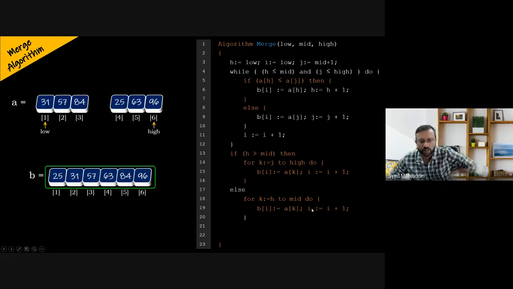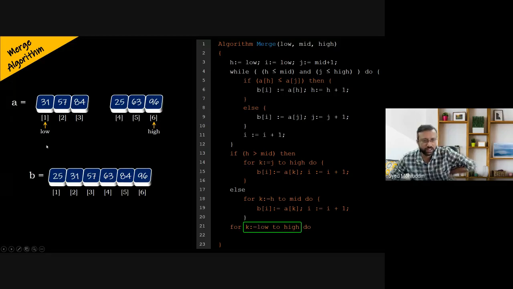Once this is completed, copying the remaining elements, what we are left with is the array B. Now this array B has sorted elements. All these sorted elements now have to be copied back into array A. For doing that, we use a for loop for k equal to low to high.